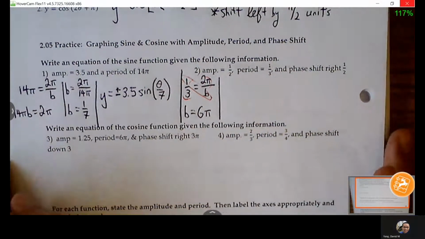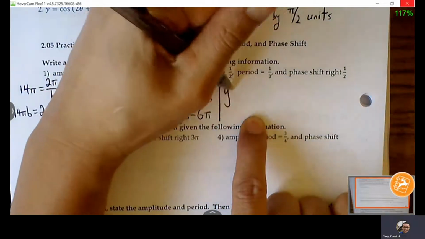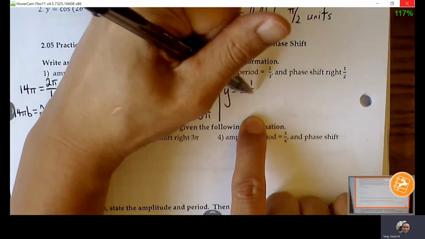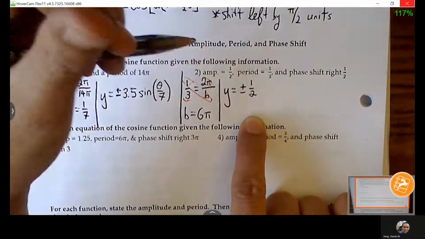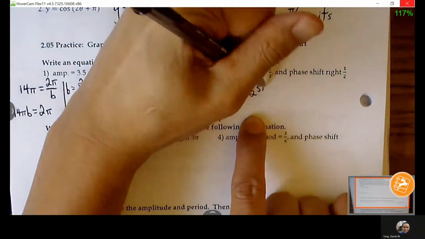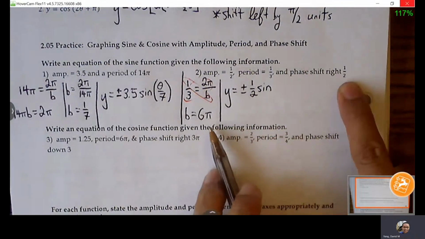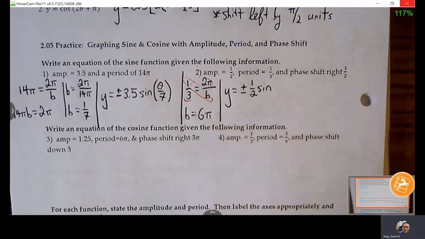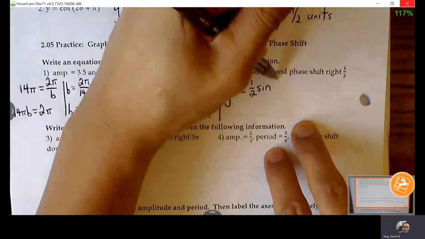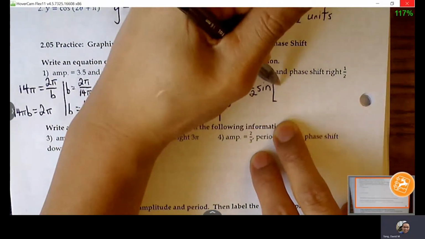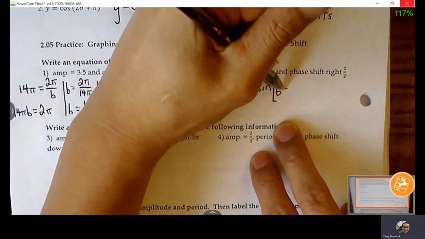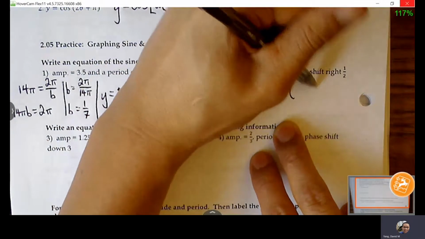So okay, so here's our equation: y equals 1/2 plus or minus 1/2. Okay, there's phase shift involved, so let's make sure that we have the bracket and parentheses in place. Bracket with the b cleanly outside a set of parentheses.